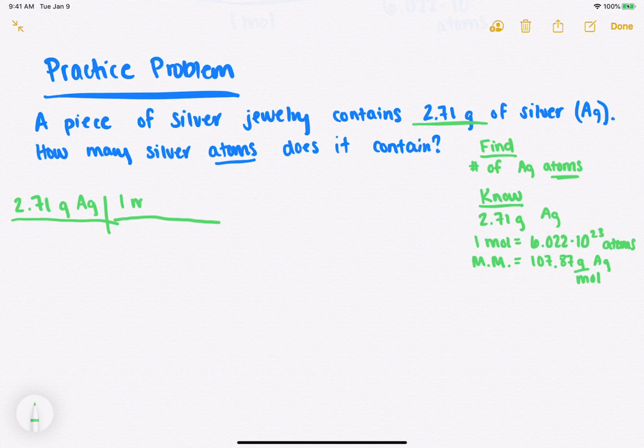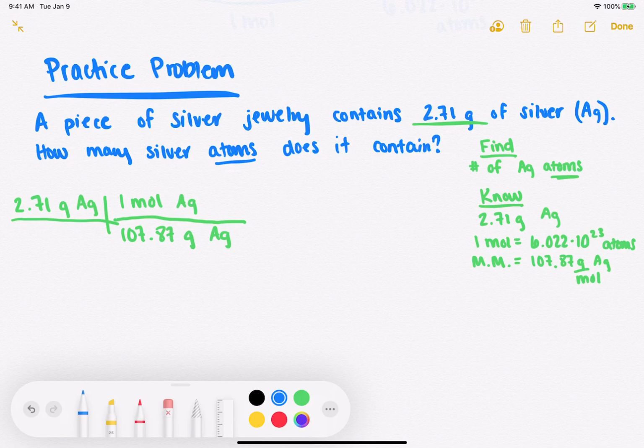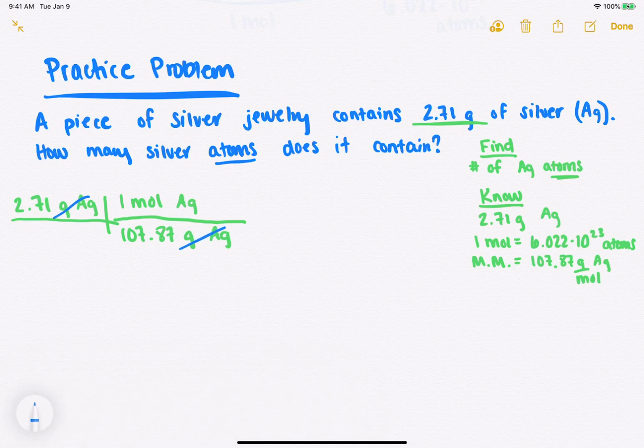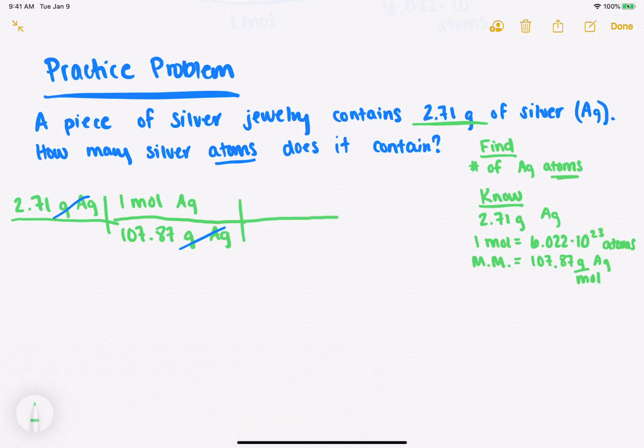So in every 1 mole of silver atoms, we have 107.87 grams of silver. And it's really important that we line up these units. So notice how this unit will cancel with this unit. And now that we're at moles, now we can use 1 mole of silver, and we know how many atoms are in 1 mole of silver.